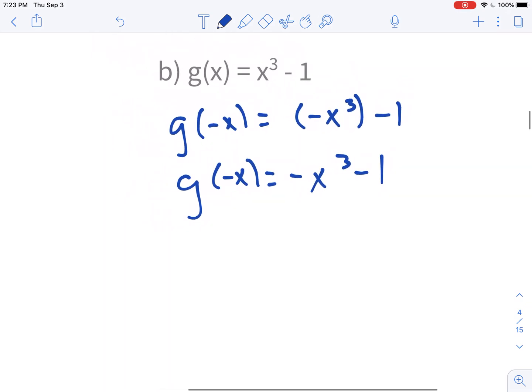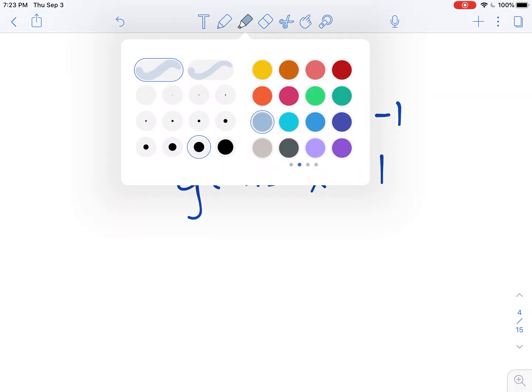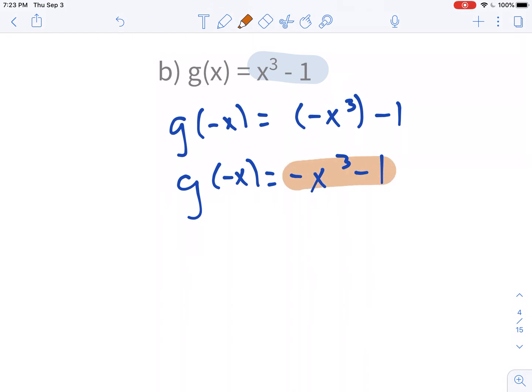So when you cube a negative number, it's still negative, because it's a negative times a negative, which makes a positive, times another negative, which will complete by becoming a negative. So I can look at this and say to myself, x cubed minus 1 is not the same as negative x cubed minus 1. So right away, I can say that this is not even.